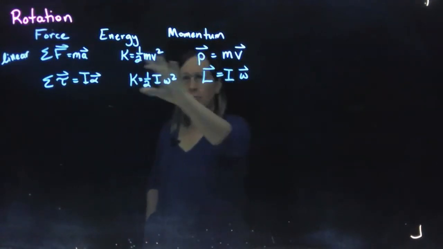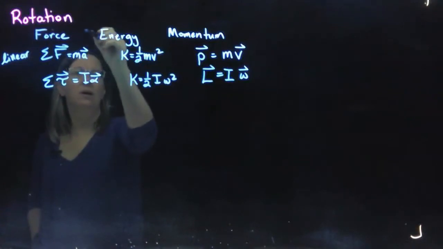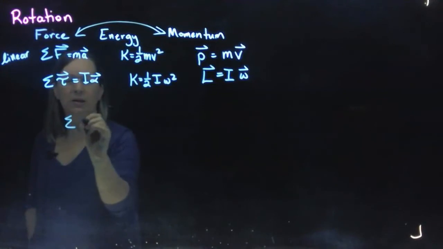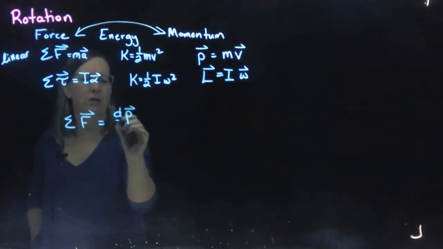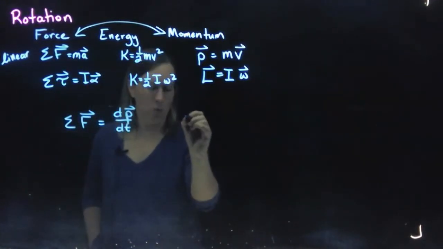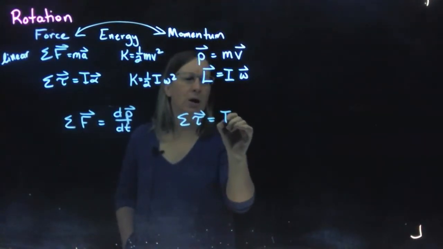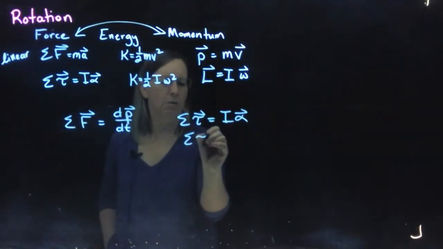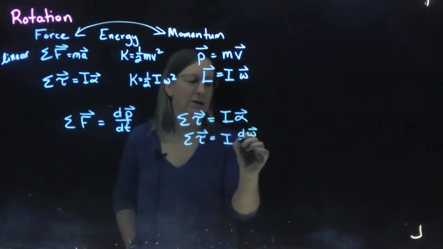And it shouldn't be a surprise that these are substitutions, because if you remember, the connection between force and momentum in particular was that the sum of the forces is equal to the change in momentum with respect to time. And if we do the same thing here, the sum of the torques is equal to I times alpha, but alpha we can write, the sum of the torques as equal to I d omega dt.